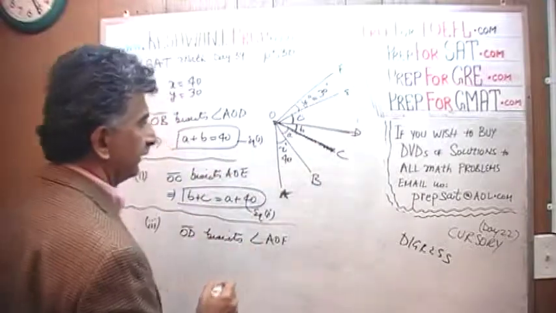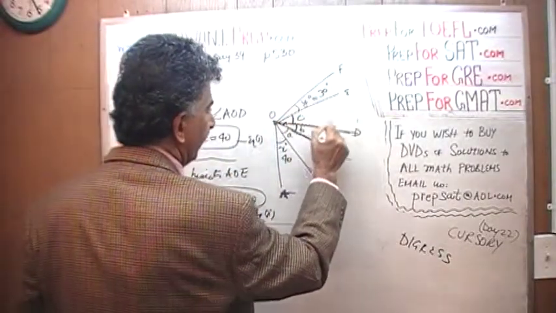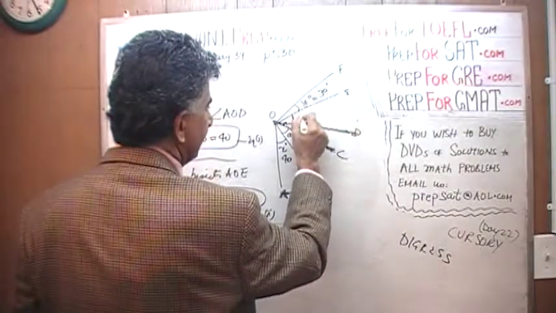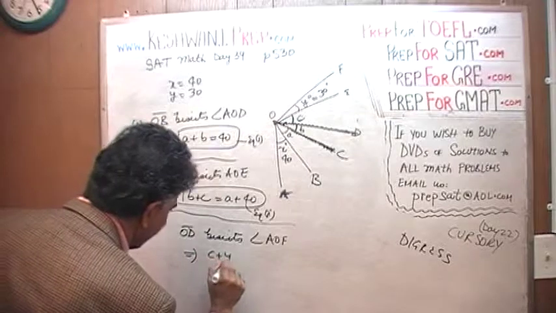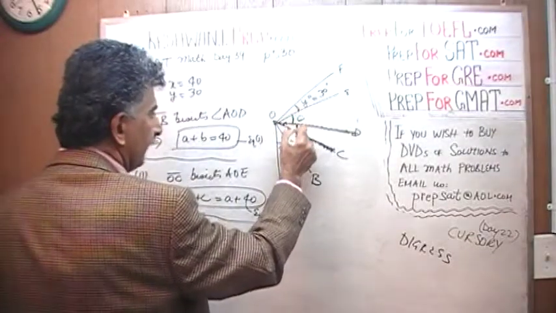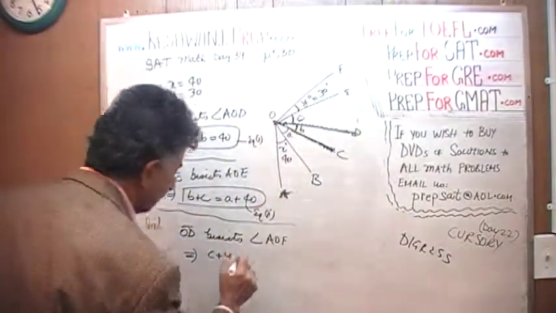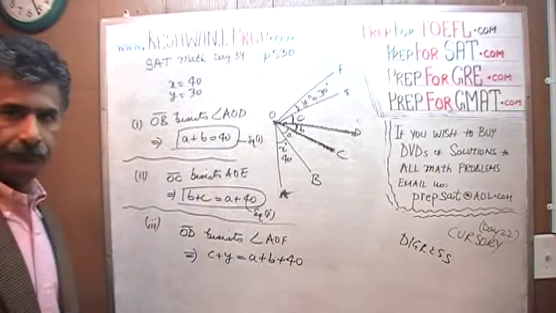AOF is this entire thing, and OD is this part right here, which means C plus Y. This implies that C plus Y equals this guy, A, B, and 40. A, B, and 40. That's it.